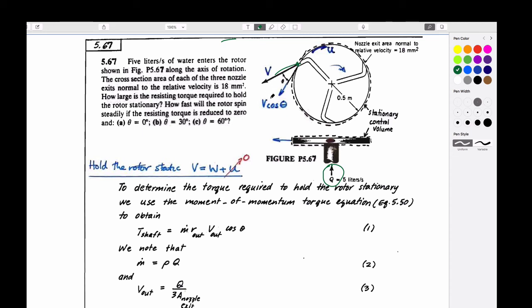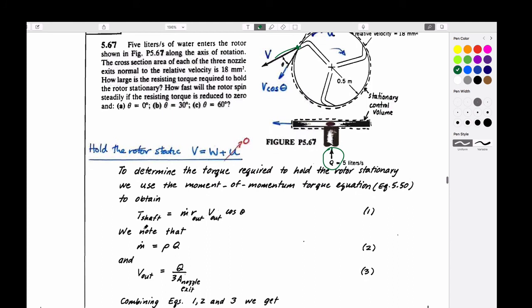And the question is, what is either the torque you have to apply to hold it in place, or the velocity that it will spin with if there's either 0 or some torque applied to it, and how do you calculate that? So this is the expression to use: the torque is given by the mass flow rate out of the system only in this case.